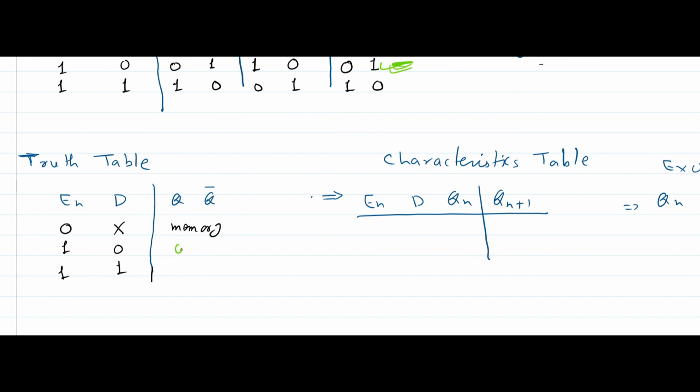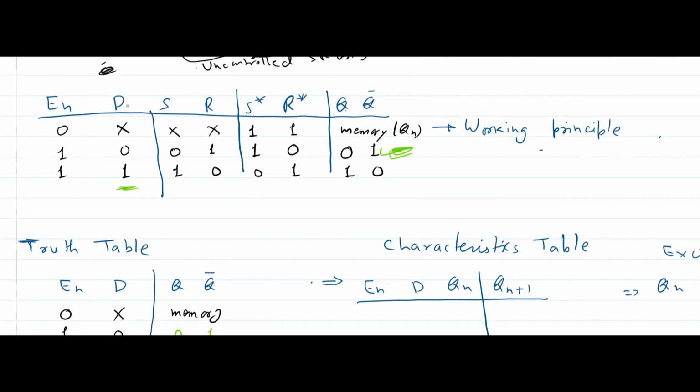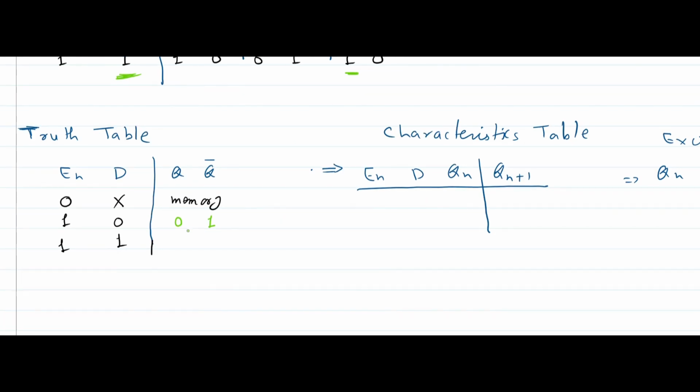So Q will be 0, Q bar will be 1. Similarly here if you see this one, D is 1, Q is 1 for enable 1. So this will be 1, this will be 0.